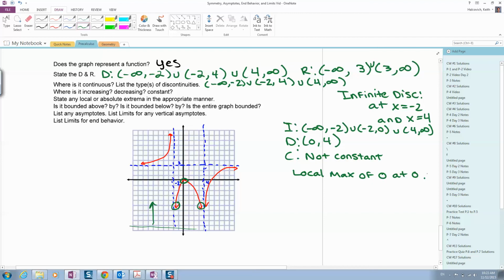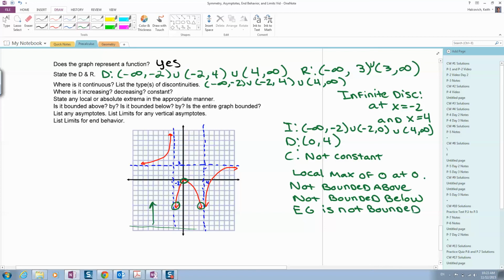Now, as far as the graph being bounded, it is not bounded above because of the arrow going up. It's also not bounded below. So therefore, the entire graph is not bounded.